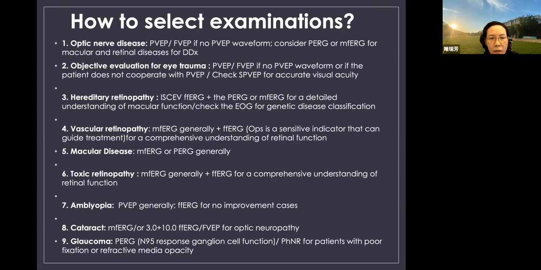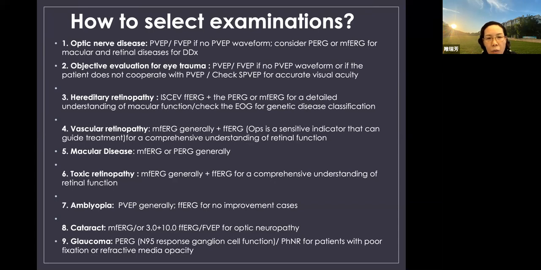Toxic retinopathy is rare compared to other retinopathies, but sometimes it is difficult to find, so it may not be that rare. For example, if a patient is under TB treatment or has some immune disorder and uses steroids or clonidine, they will have early drug effects, but the visual acuity may still stay normal.